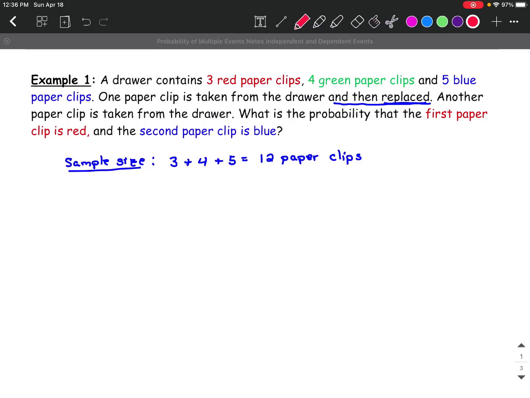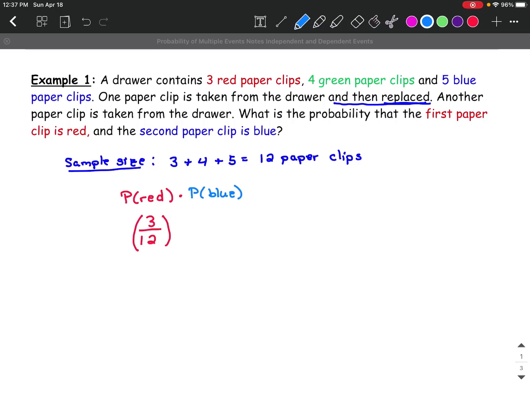So now we want the probability of getting a red, and so we multiply the probability of getting a blue paper clip on the second time. So the first time in, when we reach into the drawer, there are 3 red paper clips out of the 12 paper clips altogether. Now we're going to put that red paper clip back in.